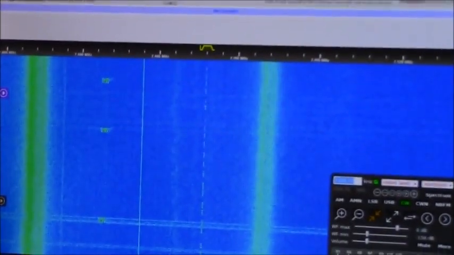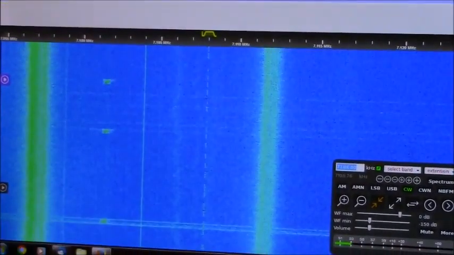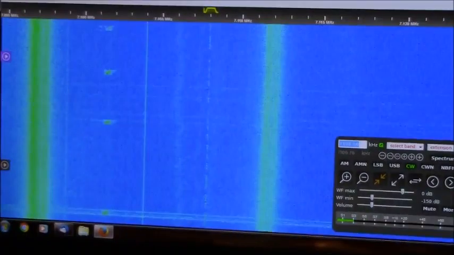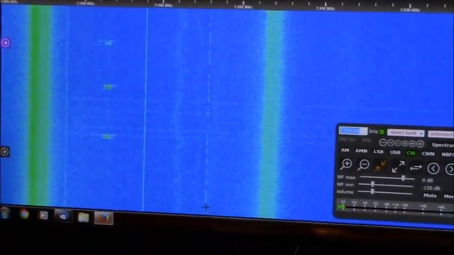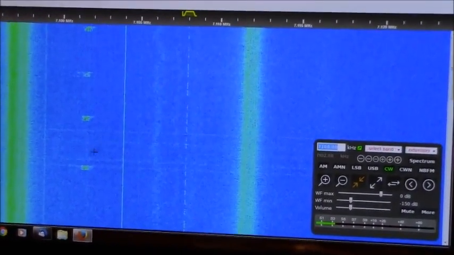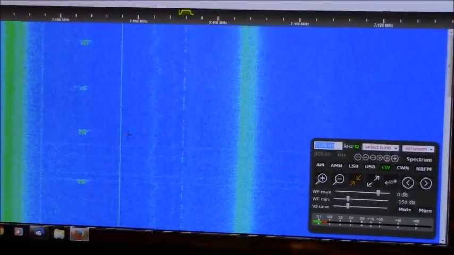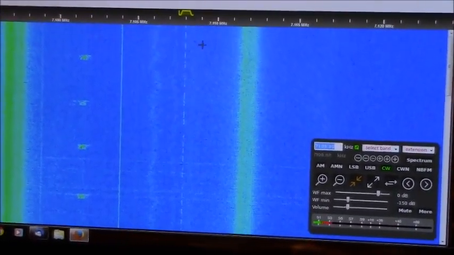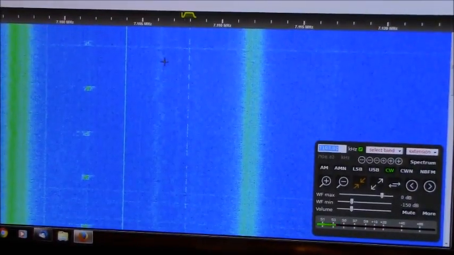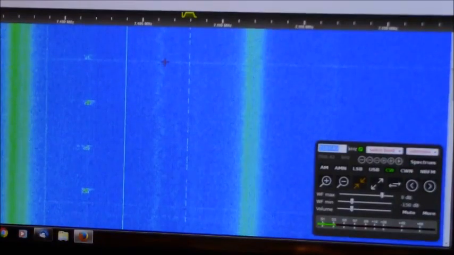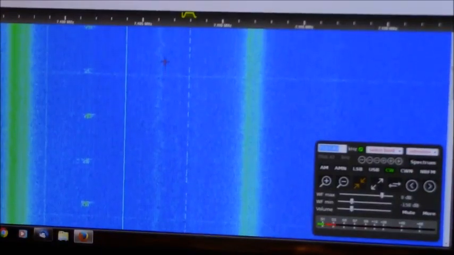And unfortunately, of course, the signal we chose is a bit weak. But you notice it's easy, and you can actually tune that signal using your cursor. So I just, see that?